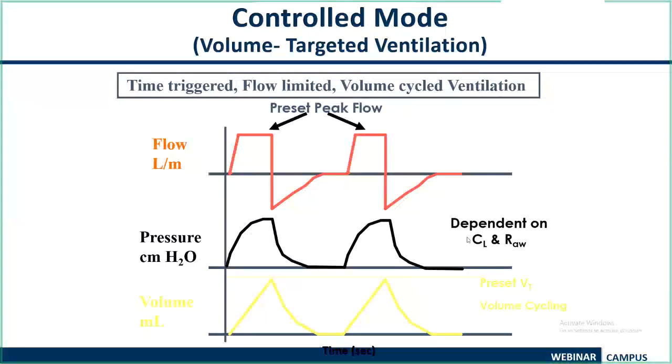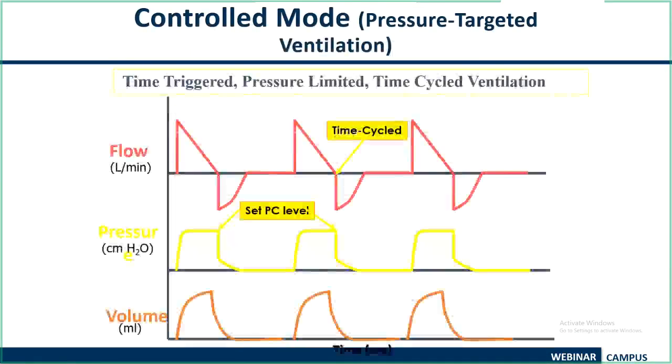That depends on the compliance. So in volume control, the volume is controlled and kept constant, depending on the preset tidal volume, and the pressure will vary depending on the lung status. Then we have the pressure control mode.